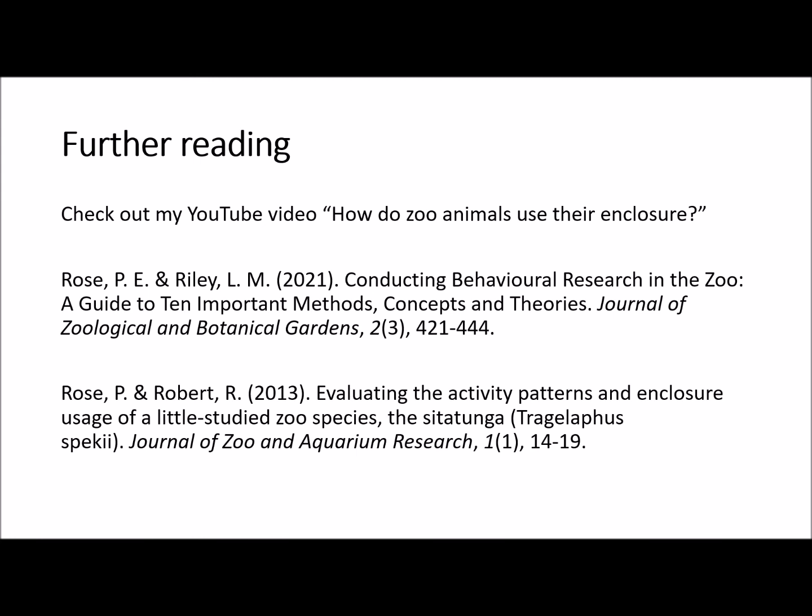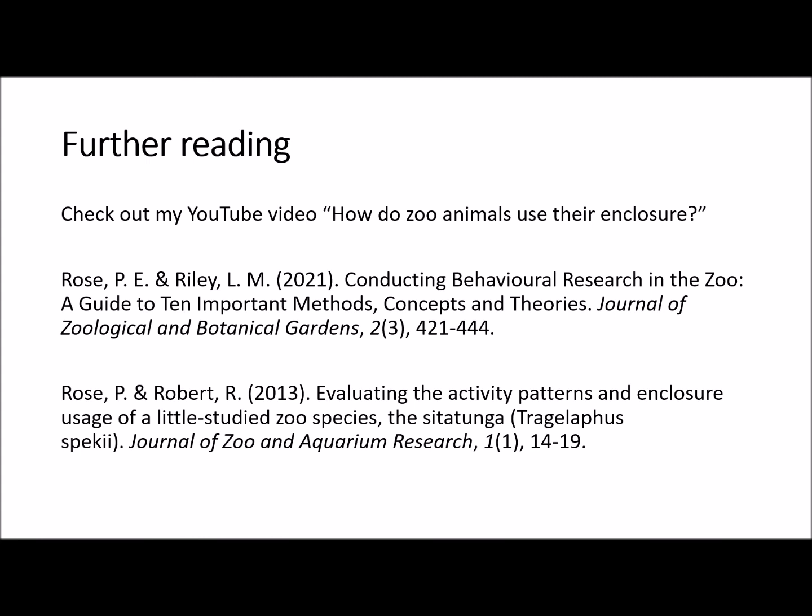I have a paper published in the Open Access Journal of Zoological and Botanical Gardens, with my co-author, Dr. Lisa Riley, that provides explanation of 10 useful methods, one of which being space use methods, that might be relevant to those of you wishing to do more zoo animal science.